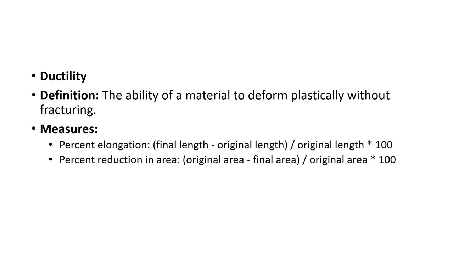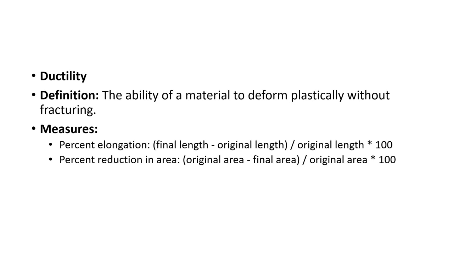I already told that in a tensile machine, one yield point is there, that is elastic deformation, and after that plastic deformation is starting. The material being plastically deformed without fracturing is nothing but ductility.